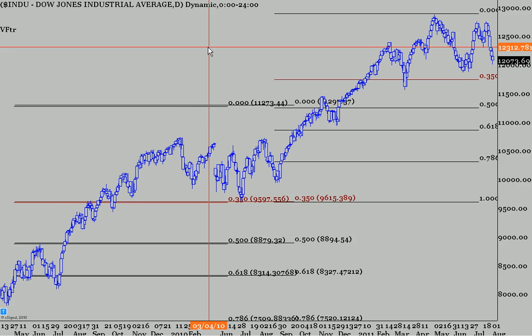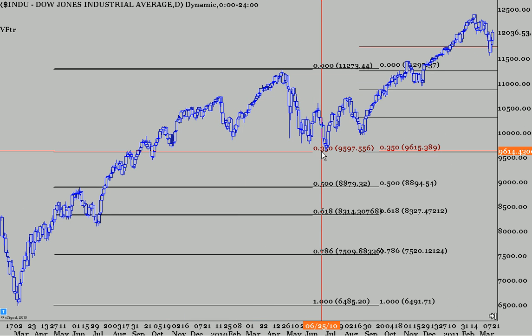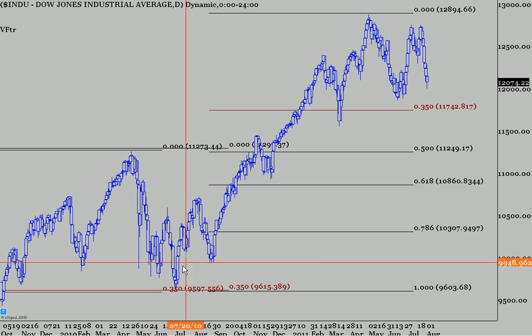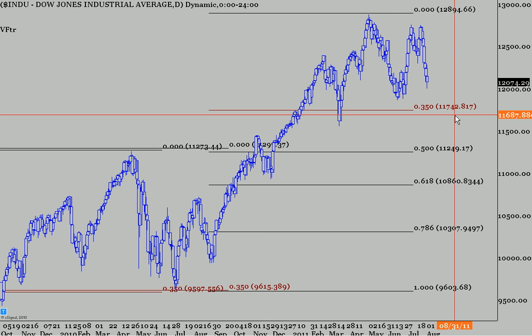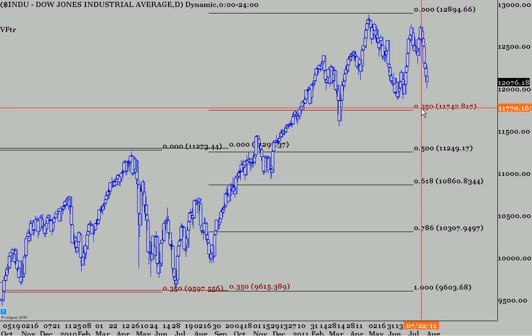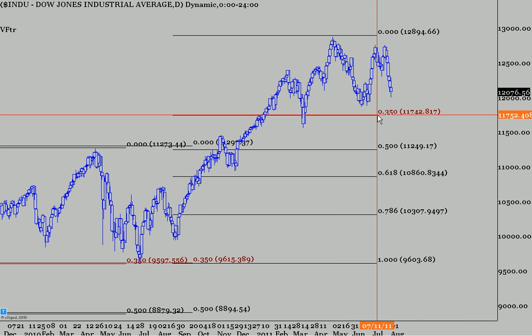So let's go to the Dow. Same low, we pull down 35%. Extending forward, 11,742 is going to be that symmetry support. These are good levels to write down as really the first level of support. So the market is not even at first level of support.